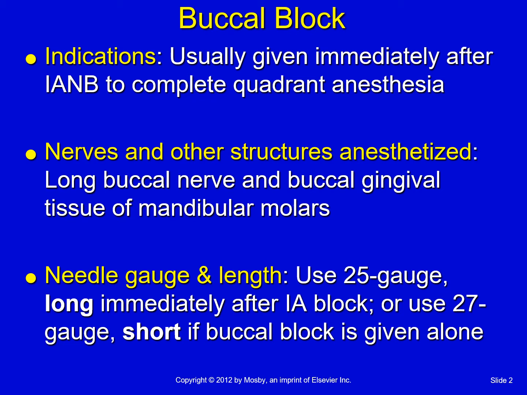So the needle gauge and length is usually 25 gauge. You could use 27. But we use a long, and this is the one injection where normally we want to just come straight out, like I said, and go ahead and give that buccal. And then you would be using a long needle. It doesn't require a long needle. It's just that that's what's already in your syringe.